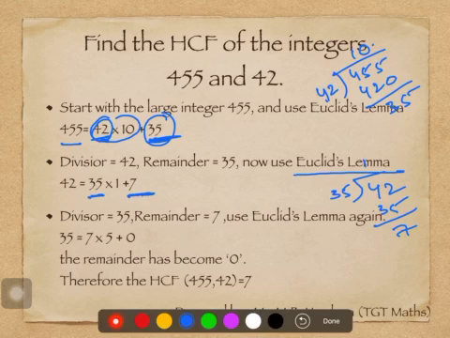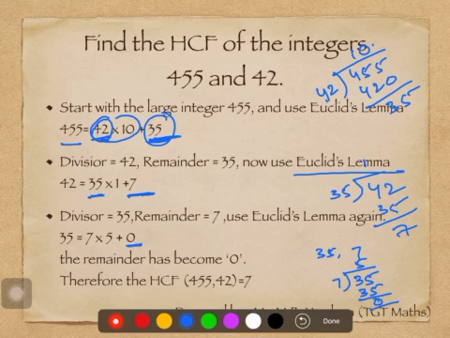So again we take 35 and 7. That means 7 divides 35. Here 7 fives are 35, and we get the remainder as 0. So this time 35 can be written as 7 into 5 plus 0.